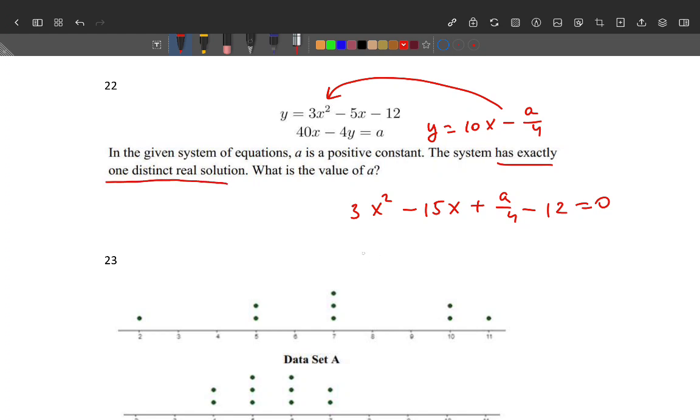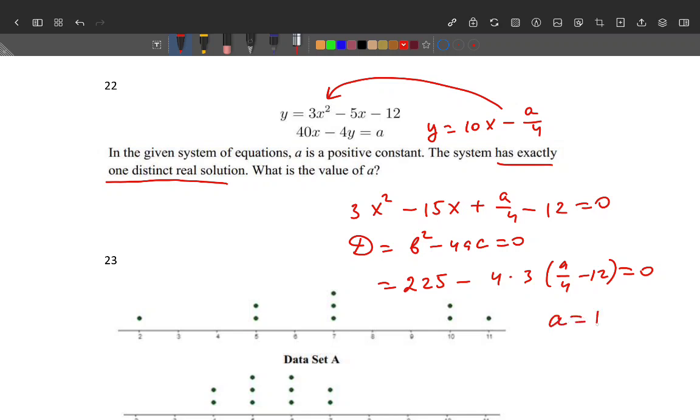One distinct solution. Because of this the term, it's a discriminant, we call it, should be 0. It means this number negative 4, 3 and this should be 0. By solving this linear equation you take this answer for A.